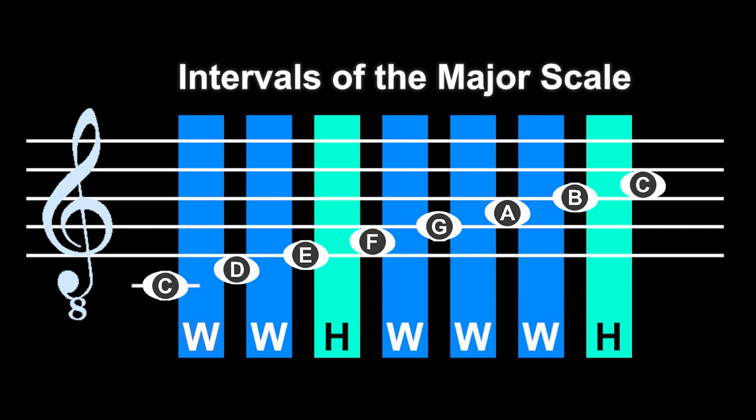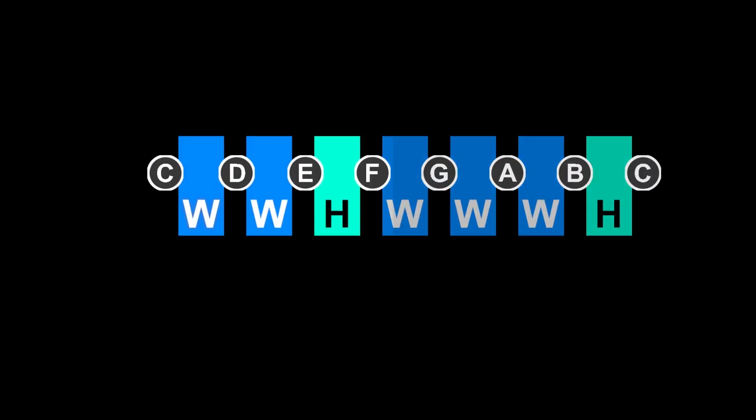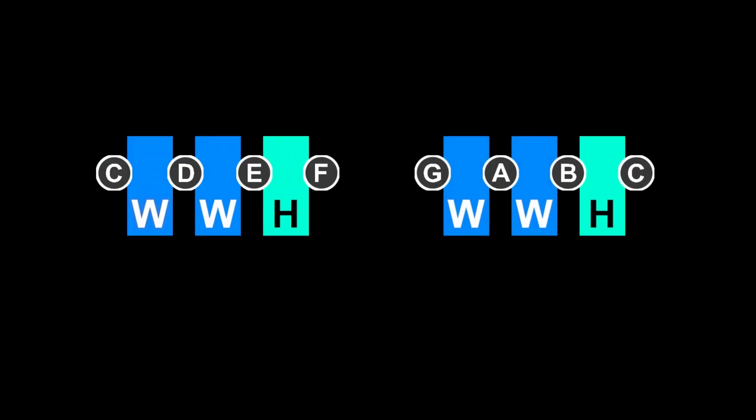Now, we can take a major scale and actually break it into 2 pieces. We can take the first 4 notes of the scale and look at the interval structure of those 4 notes, and then take the next 4 notes of the scale and look at the interval structure of those 4 notes. And what you realize is that the interval structure of the first 4 notes of the major scale and the last 4 notes of the major scale actually follow the same pattern, and that there is a whole step between those 2 4-note sequences.